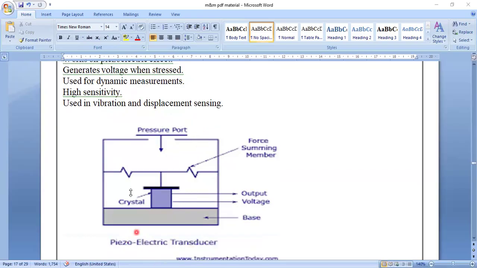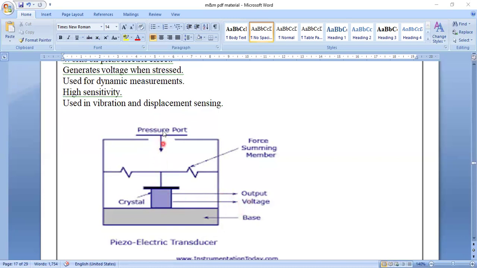You can see this is a piezoelectric setup here. One base is there. On the base, the crystal producing output voltage is kept. This crystal is attached to these force summing members. Now pressure is put upon this line. This will make some ups and downs which are recorded by this crystal. It gives voltage output.